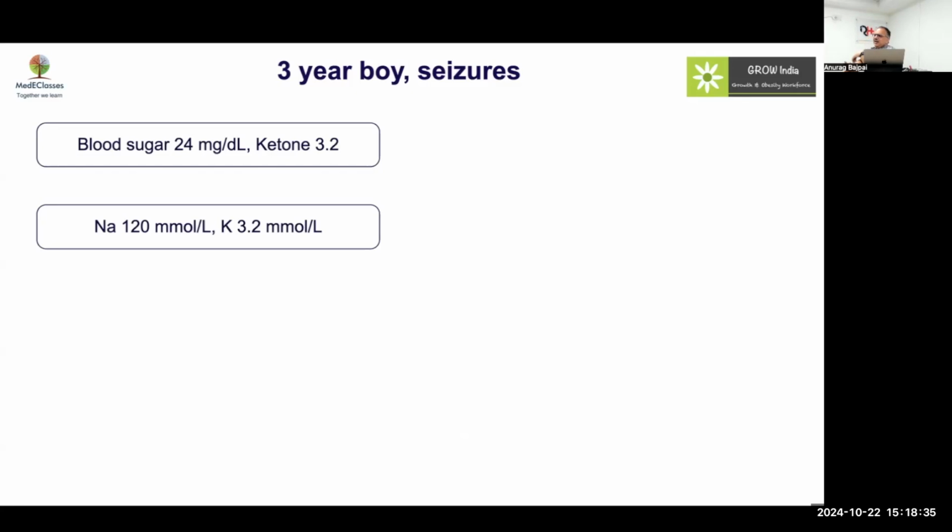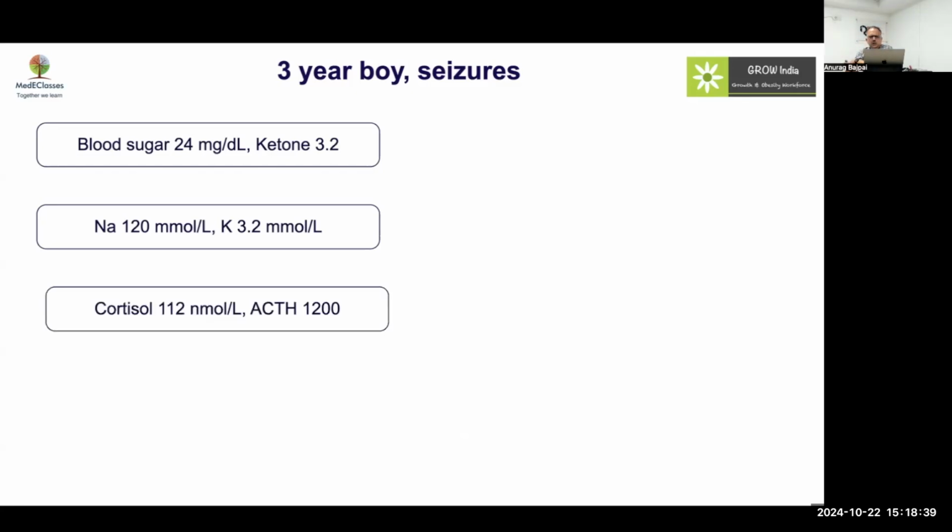So it is unlikely to be mineralocorticoid because your potassium is not high, that is very unusual. Cortisol is low and ACTH is high. So what are you thinking of now? Cortisol deficiency is causing this low blood sugar and ketotic hypoglycemia, and ACTH is high.